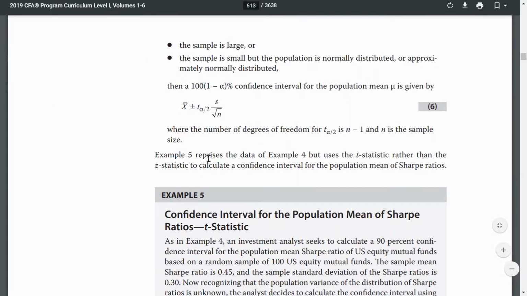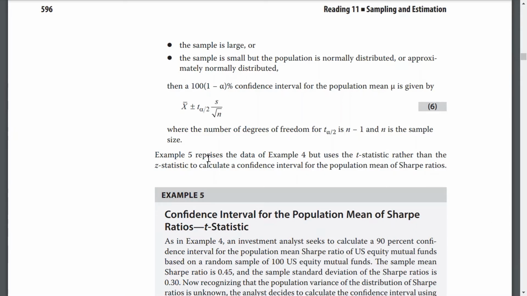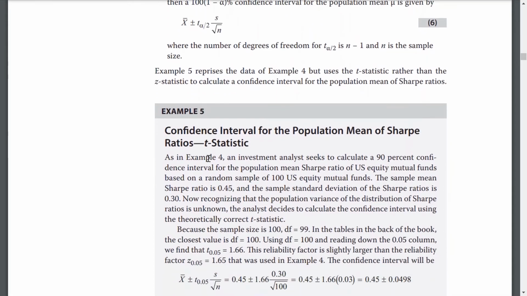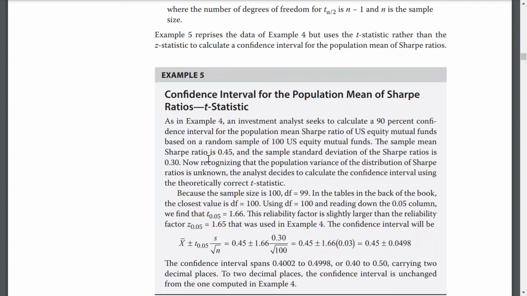Example 5 uses the data of Example 4, but uses t statistics rather than z statistics to calculate a confidence interval for the population mean of a Sharpe ratio. Example 5: confidence interval for a population mean Sharpe ratio using t statistics. As in Example 4, an investment analyst seeks to calculate a 90% confidence interval for the population mean Sharpe ratio of U.S. equity mutual funds based on a random sample of 100 U.S. equity mutual funds.